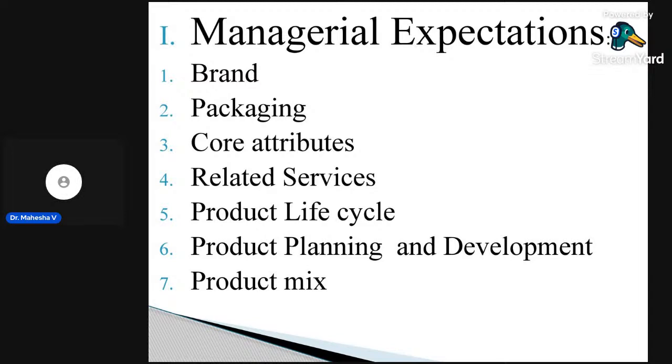If you go with a very good brand, definitely your product is going to beat the competition of rival products in the market. The management needs to either acquire a brand, or create the brand.